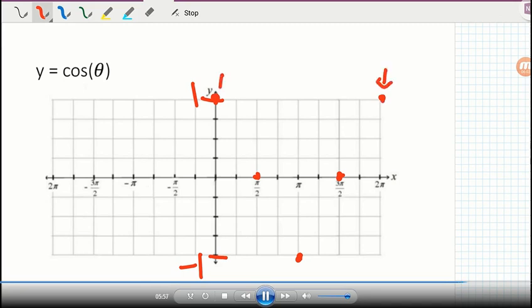Think of it like this: that point, if we just keep drawing, becomes the beginning of the new cycle.